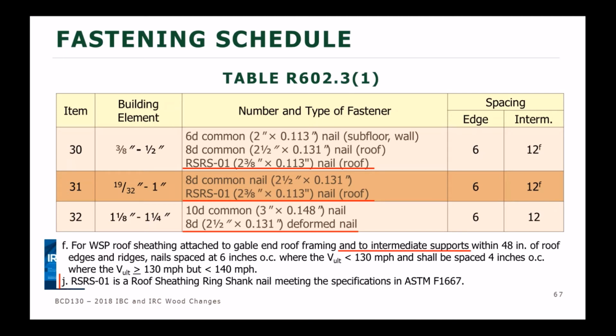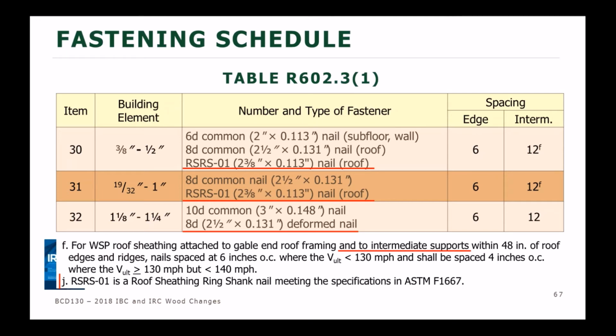With the 2015, we were just saying that this sheathing at the gable end was special. We needed to have more focus on it in high wind regions. And now we're saying not only that sheathing attached to the gable end roof framing, but to the intermediate supports as well. Where the sheathing is within 48 inches of the roof edge, nails are going to be spaced at 6 inches on center when we have our typical wind speeds across the country.